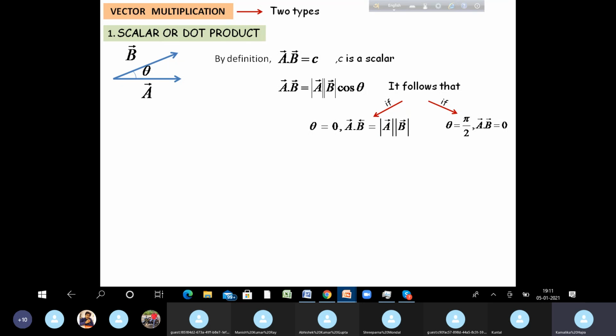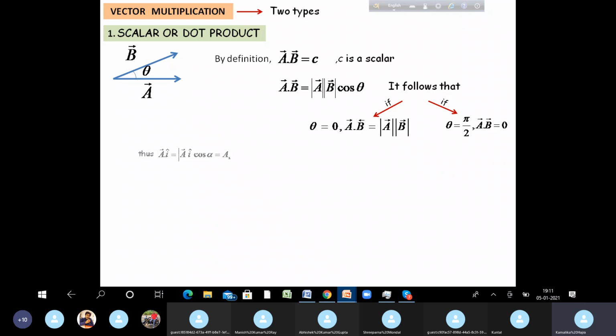So if you find that the dot product of two vectors is 0, then at once you can say that the two vectors are perpendicular to each other. On the other hand, if you see that the dot product of two vectors is just the product of the modulus of the two vectors, then you can say that the two vectors have 0 angle between them, which means the two vectors are along the same direction, that is, they are parallel to each other.